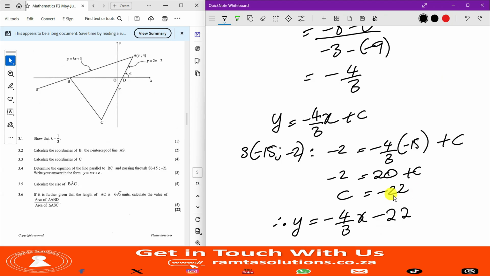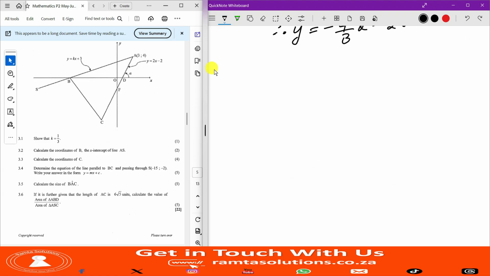Do you see this? We have shown that the constant is negative 22. Remember, the reason the gradient of this line is minus 4 over 3 is because this line is parallel to BC. And if it's parallel, it means the gradients are the same. Okay, great stuff.